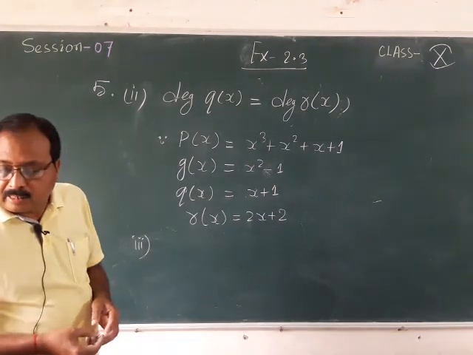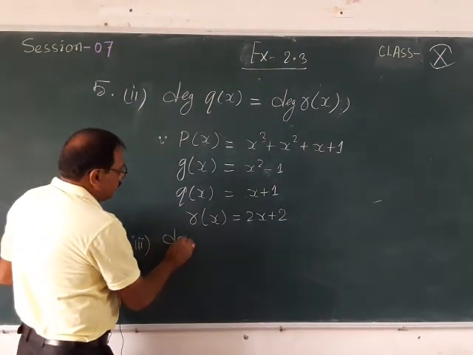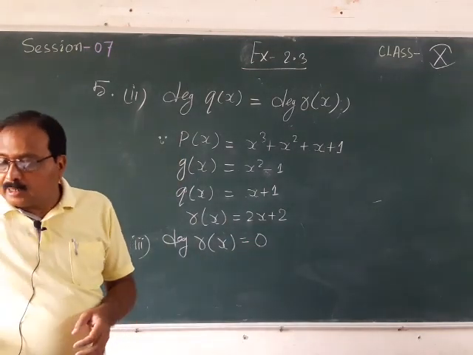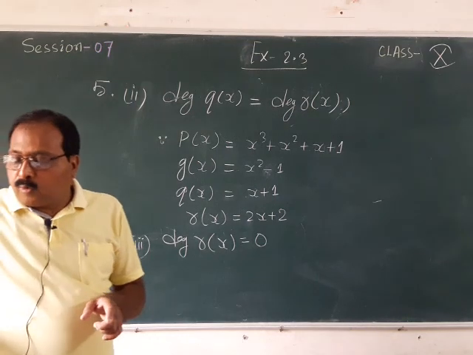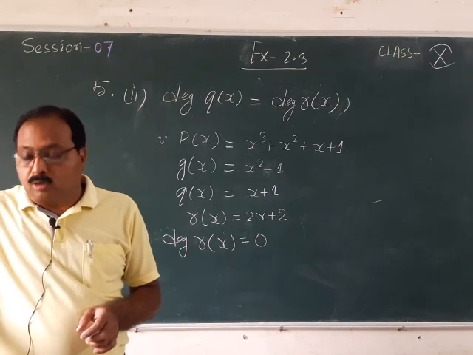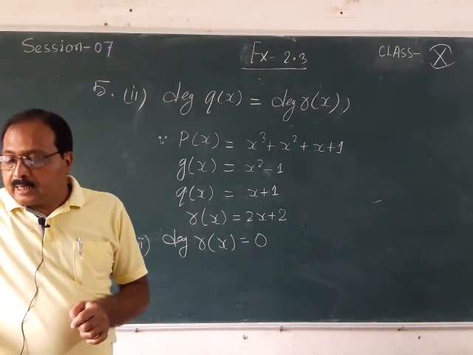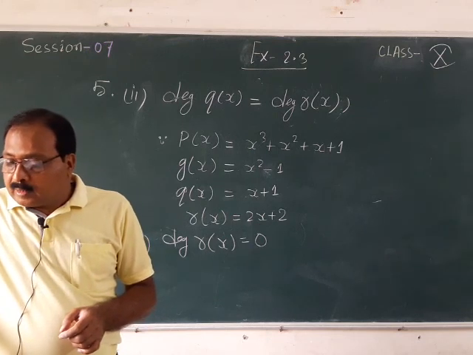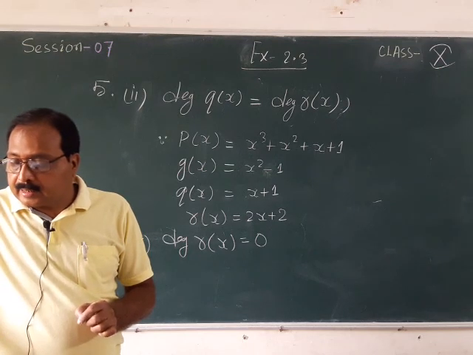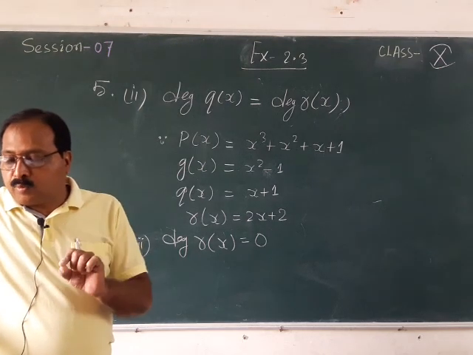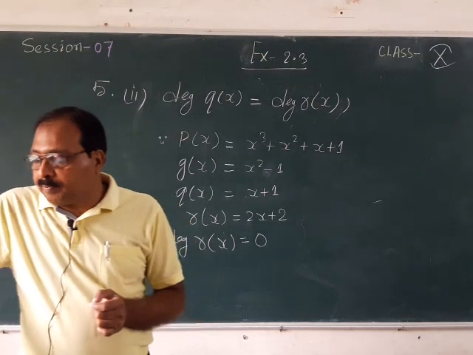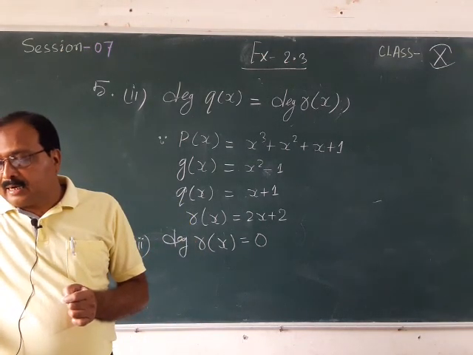Then for the third question, degree Rx equal to 0 means the degree of the remainder is 0. This is possible when the product of Qx and Gx forms a polynomial whose degree is equal to the degree of Px, and a constant term.